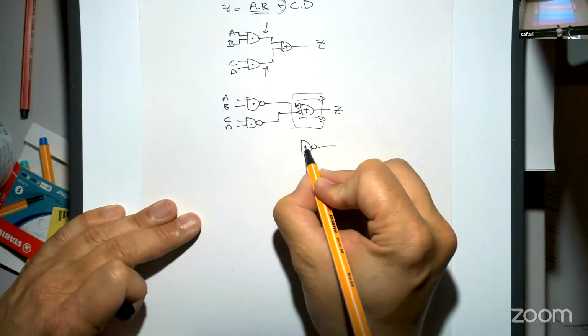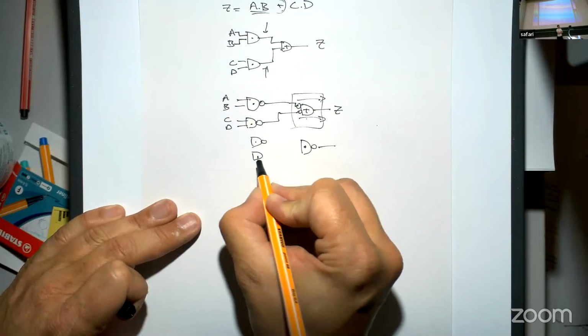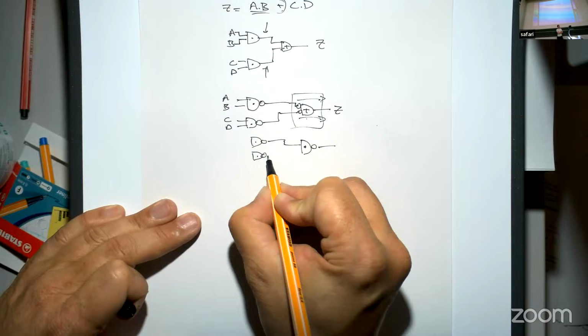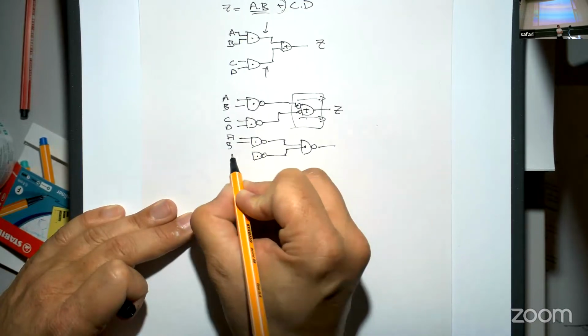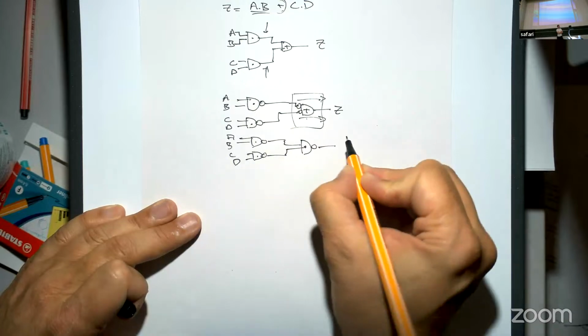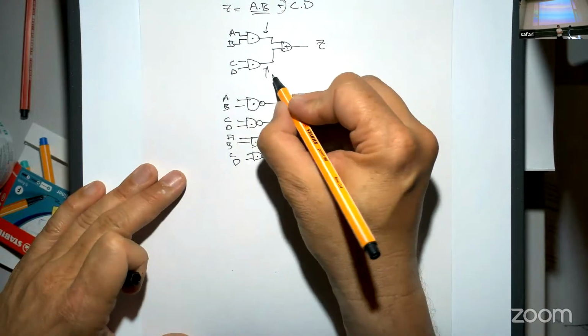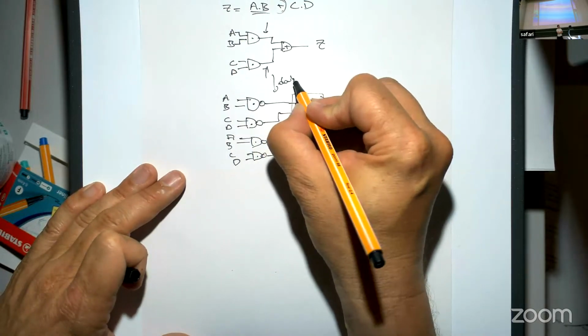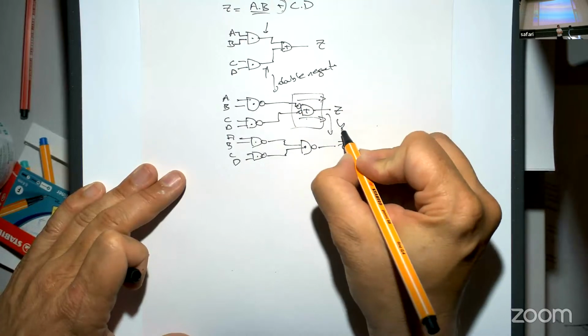So this becomes this. Ta-da. So here is double negate. And this is bubble push.